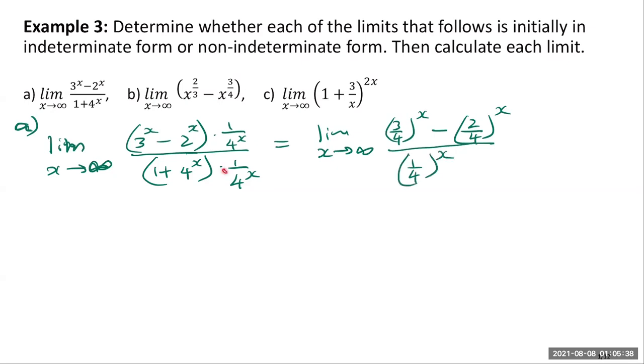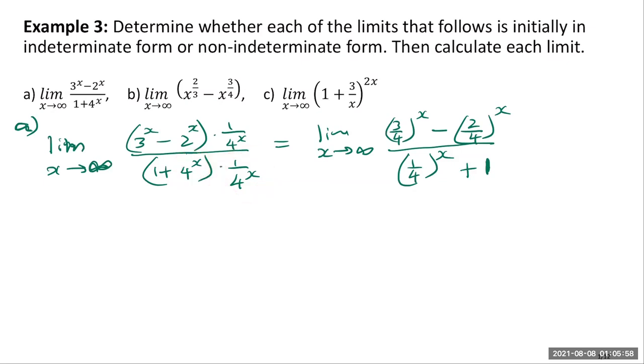Of course, 1 over 4 to the power x means 1 over 4 whole thing to the power x. I can write this, okay? If I distribute this with 1. And then plus, of course, 1. Why is it 1? 1 over 4 to the power x times 4 to the power x, which is 1, okay? So that's what I have.